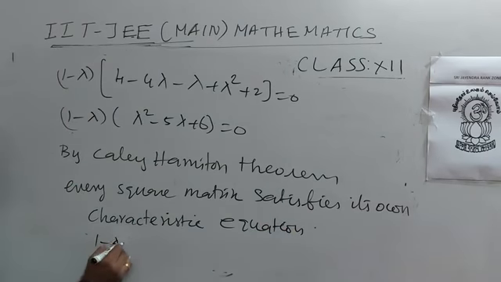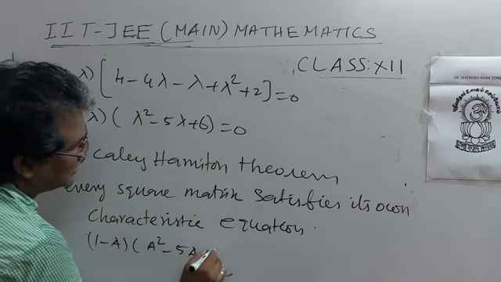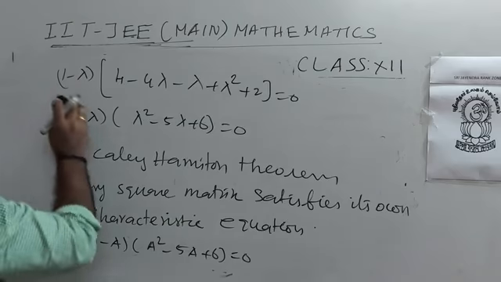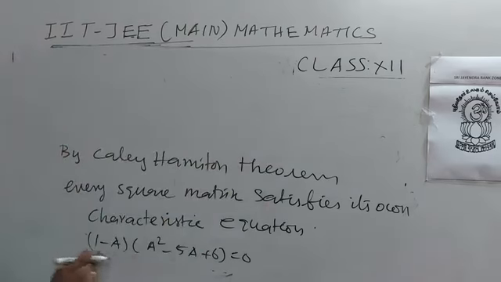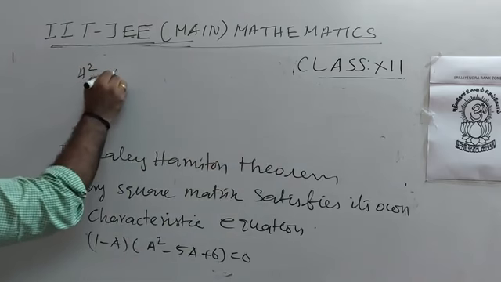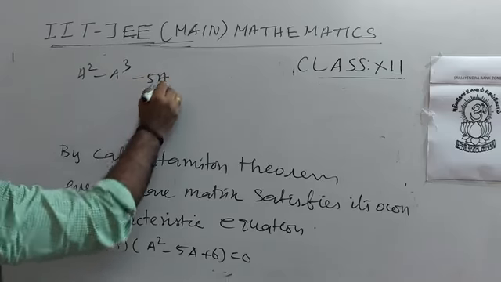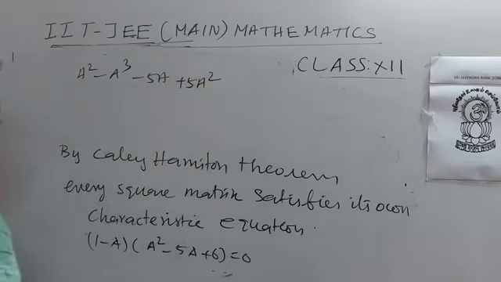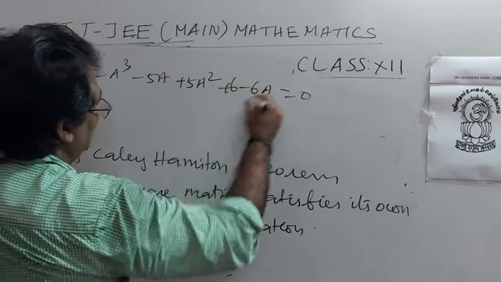Therefore 1 minus A into (A squared minus 5A plus 6) equals 0, and lambda can be replaced by matrix A. So A squared into 1, A squared minus A cubed, 5A into 1 minus 5A plus 5A squared, 6 minus 6A equal to 0.